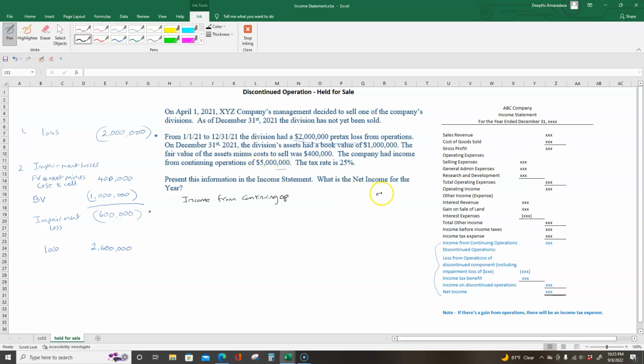So we're going to start with the 5 million. Next line item is discontinued operations. And what we just calculated is called loss from operations of discontinued component. I'm not going to write everything out since you can already see it.